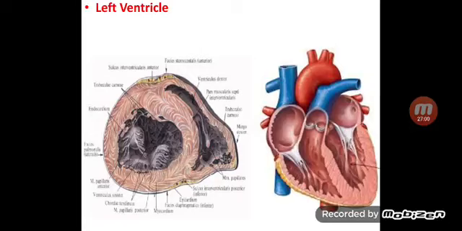If you look to the right side of this slide, this is a cross section. The left ventricle looks circular, very thick and muscular, while the right ventricle is crescent.